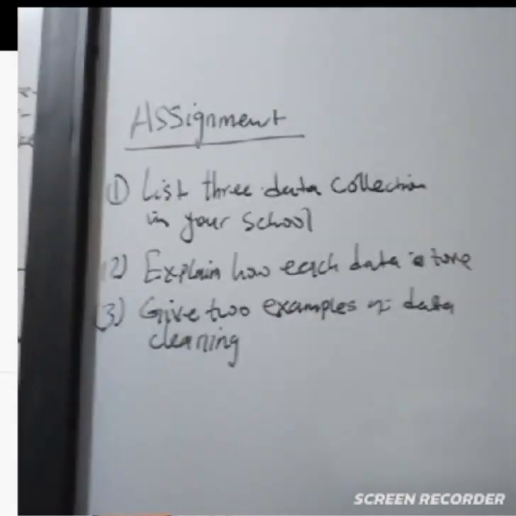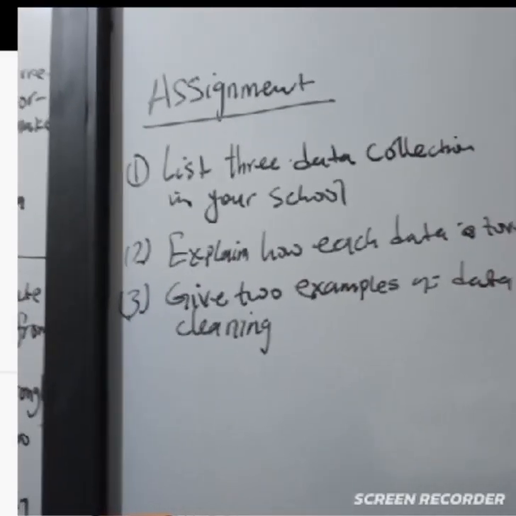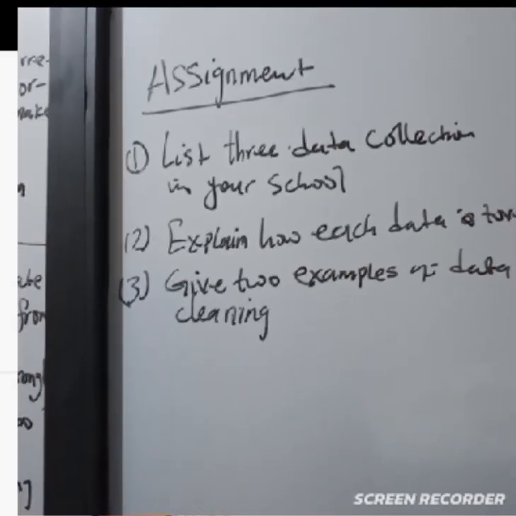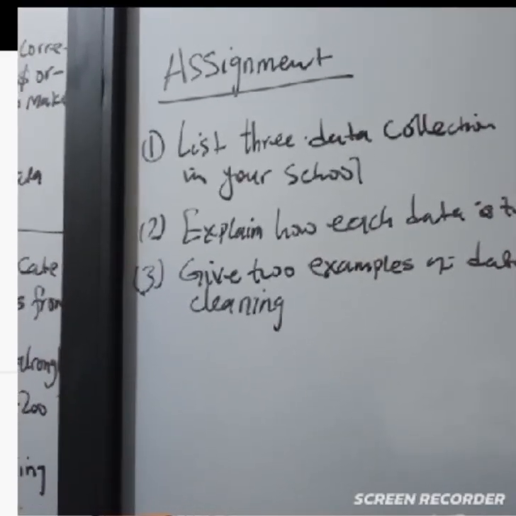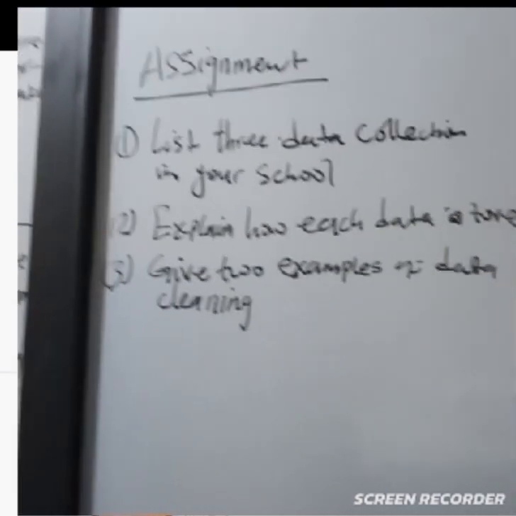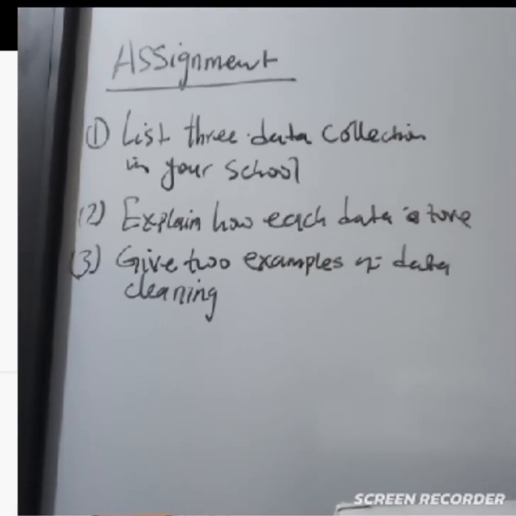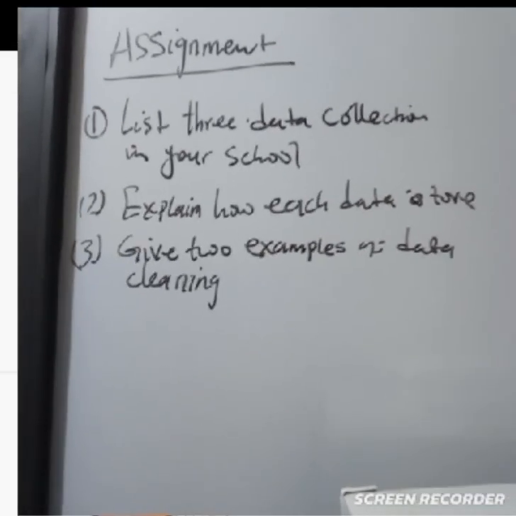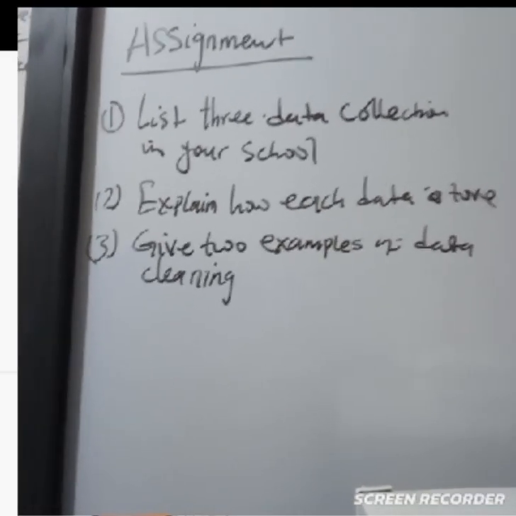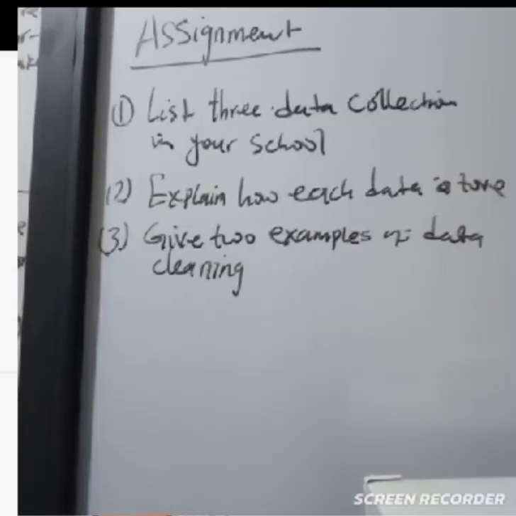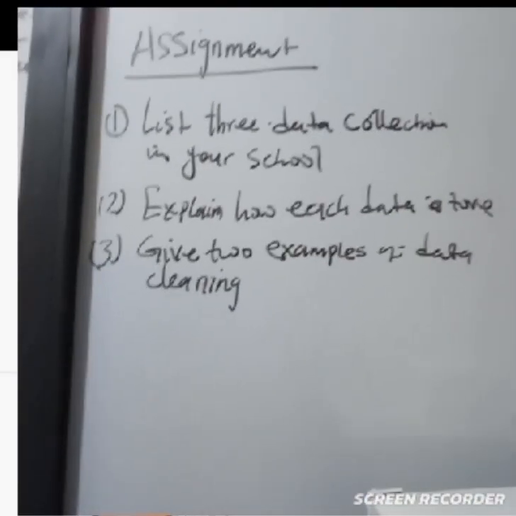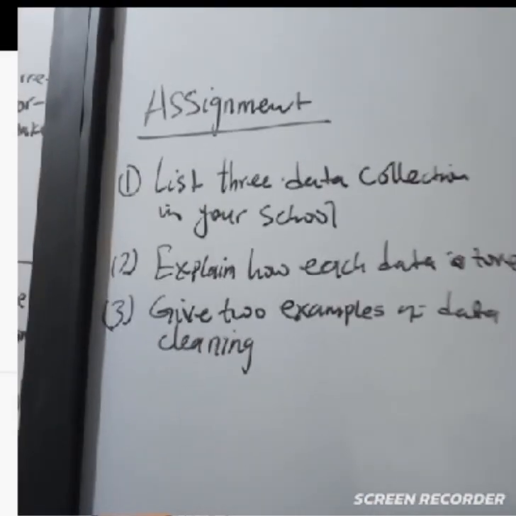Number one, list three data collection methods in your school. Number two, explain how each data is stored. And number three, give two examples of data cleaning. That is your assignment.